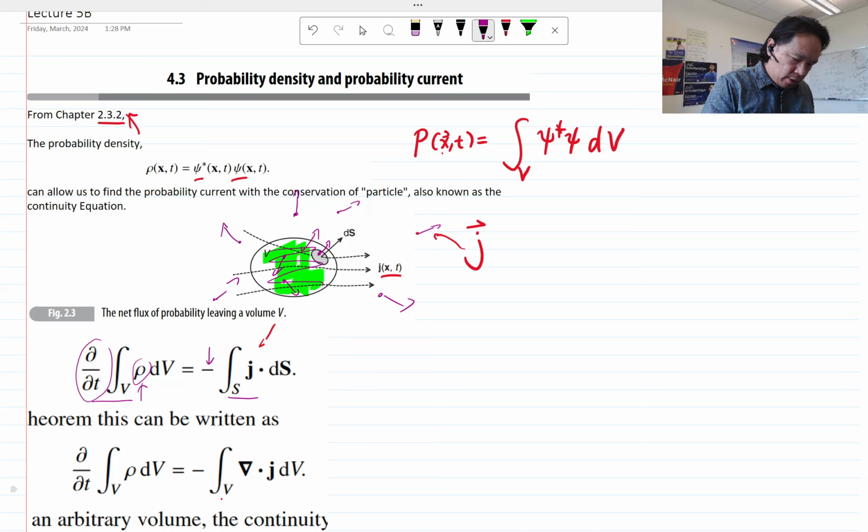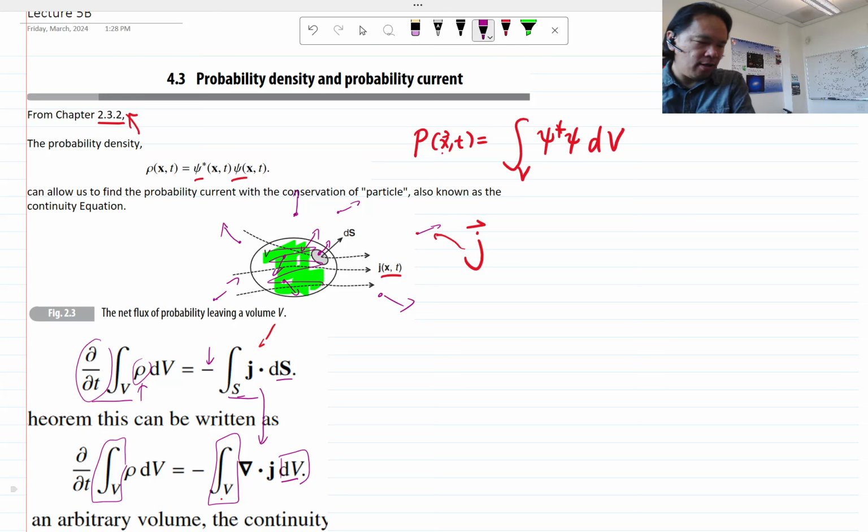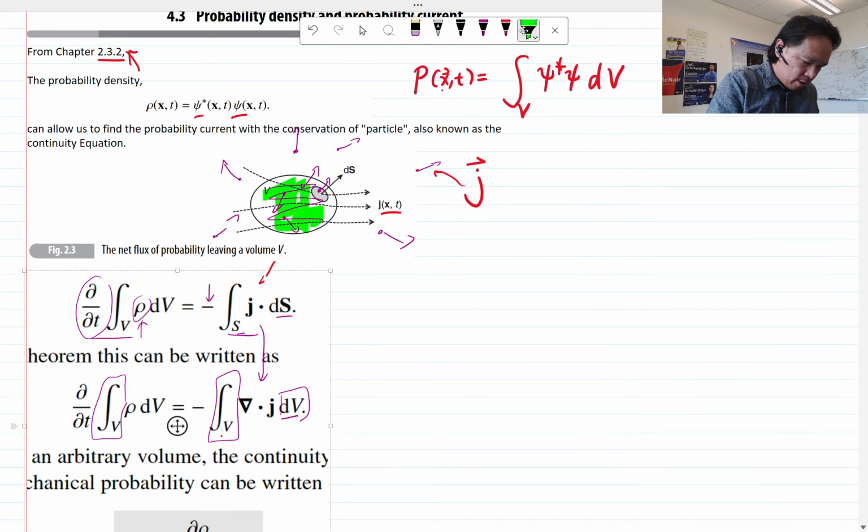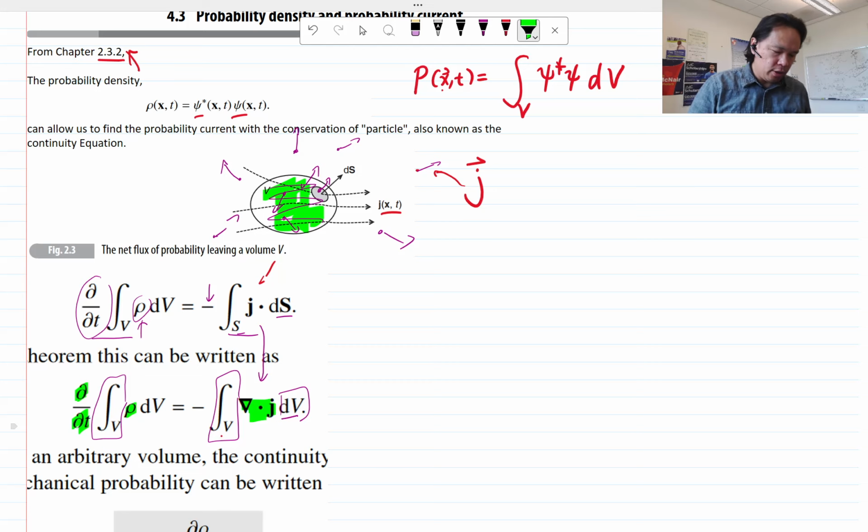Using the divergence theorem, you can change this surface integral into a volume integral, and now you can think about these volume integrals as kind of canceling out. It's not exactly that, but what you can do is compare what's inside these integrals. You have the partial derivative with respect to t of rho on the left hand side, and the divergence of the current on the right hand side.